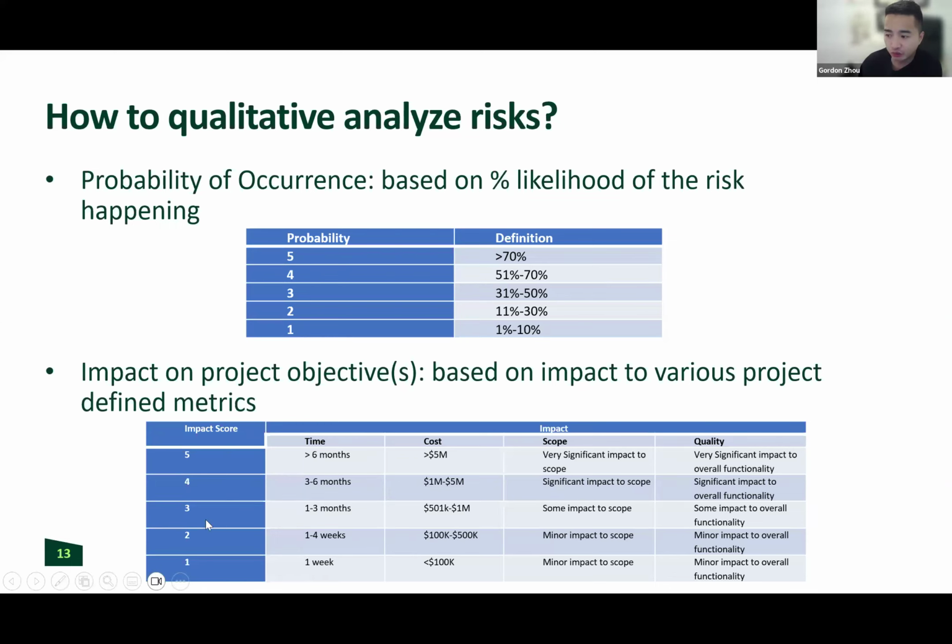Would I give it 1, 2, 3, 4, or 5? 5 days or 1 week of delay to my project. So in this case here, I would say, hey, okay, well, that's a time delay. So I'm going to look under time. It's a 1 week delay, relatively minor in the grand scheme of my major, large scale construction. That's a score of 1.